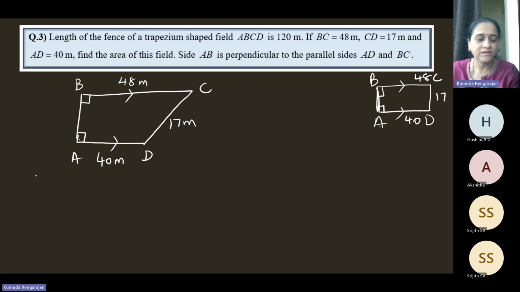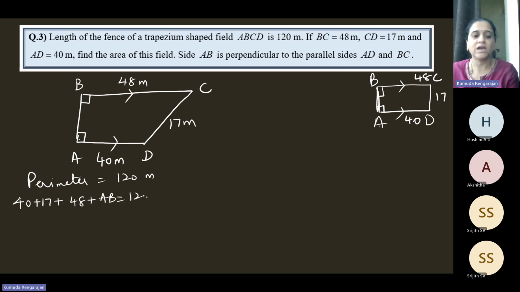Okay, so how do you start? First, perimeter. Perimeter is equal to 120 meters. That means 40 plus 17 plus 48 plus AB is equal to 120. Solve this and tell me what is AB. Write on the question.